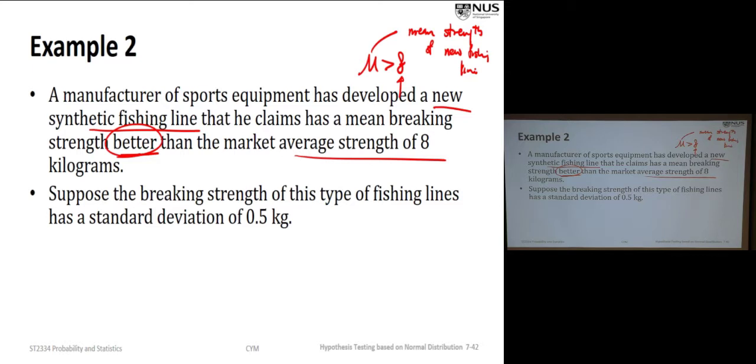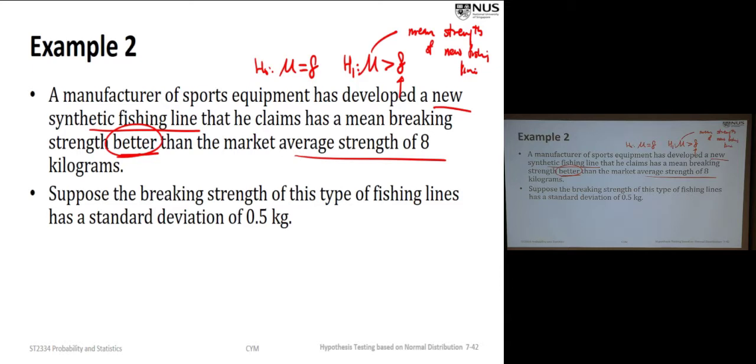The old belief, or the status quo, is that your new fishing line is the same as the existing one on the market. So this is the null hypothesis that we want to reject, in favor of the alternative, which is greater than 8.